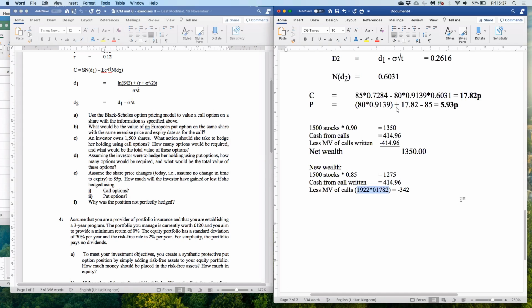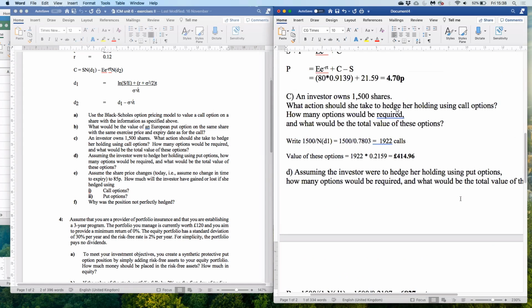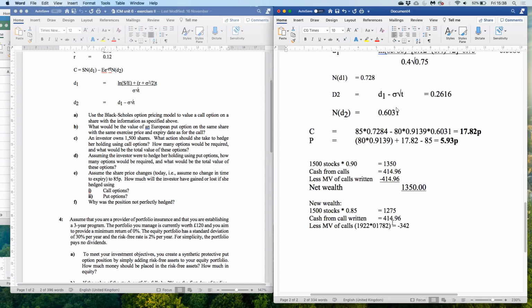So we got this value from the number of calls here, 1,922 multiplied by the call price, 17.82 pence or 0.1782 pounds sterling, and the net wealth is 1,347.46.